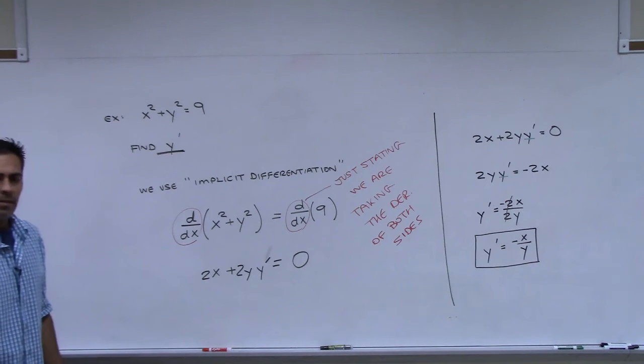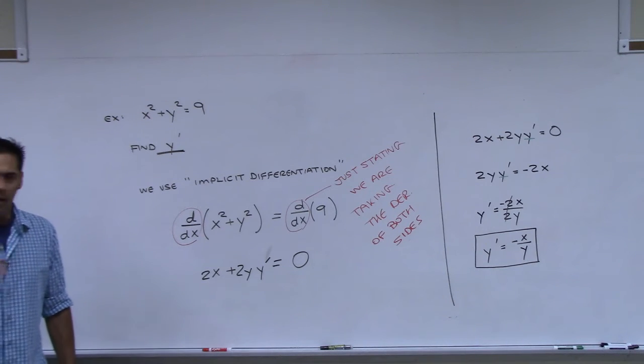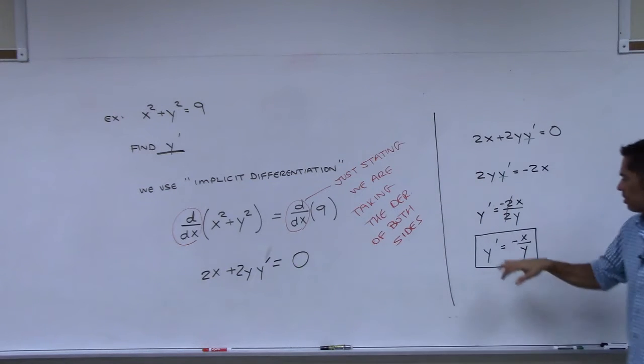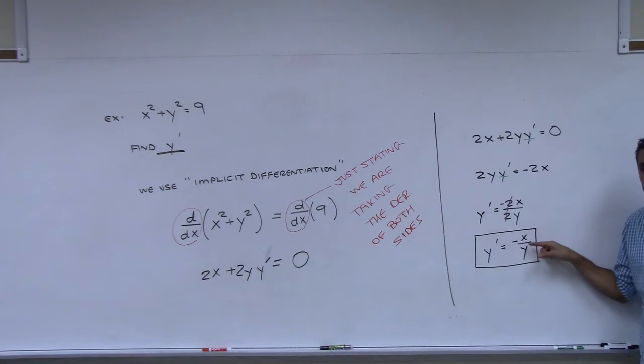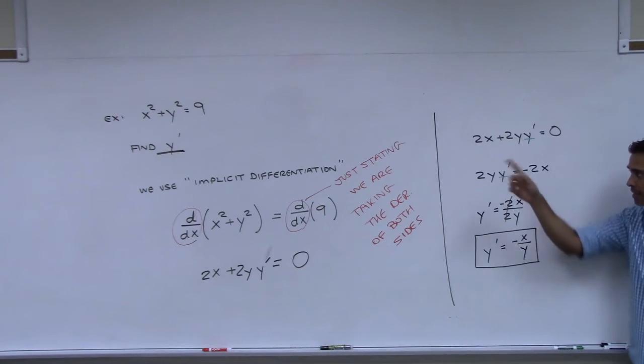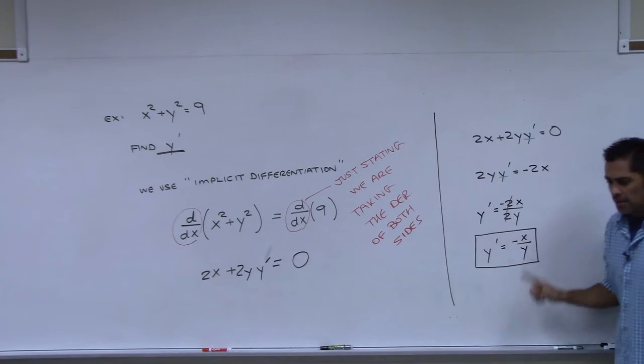Now, this derivative is different than any derivative that we've done up to this point. Every derivative that we've ever done in this class so far, our answer has only had x's in it. Like the derivative of something only had x's in the answer. This problem, when we did it, the derivative actually has x and y in the answer. Let me explain why it is this way.